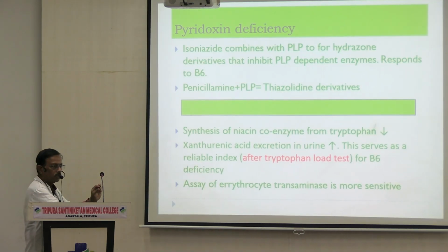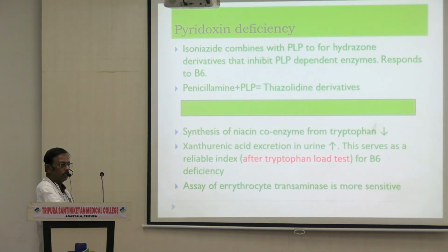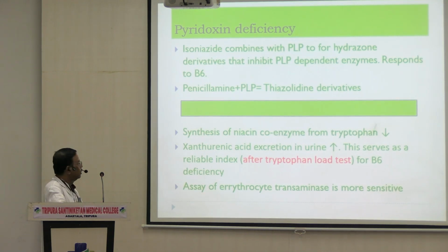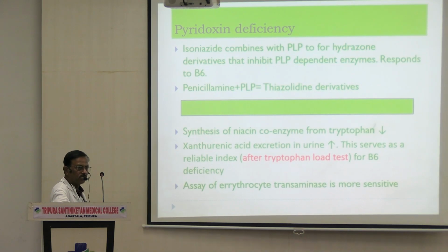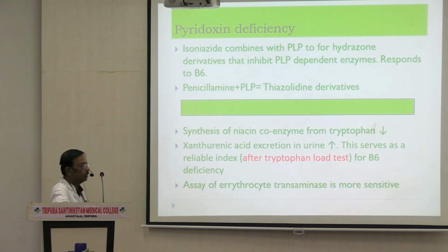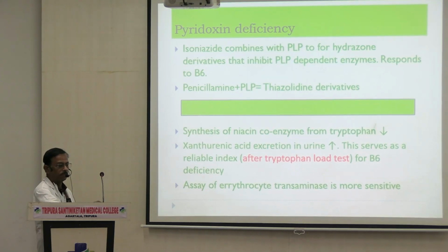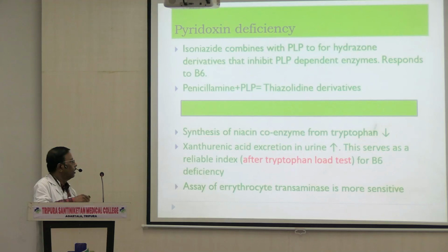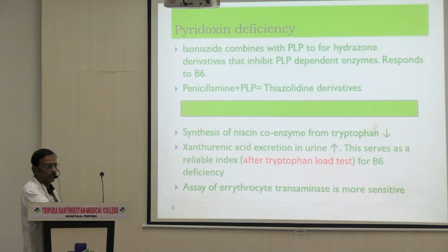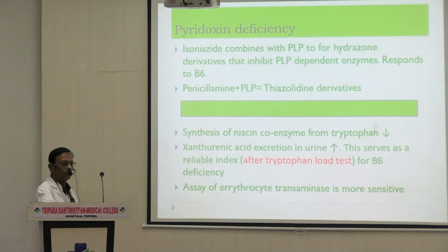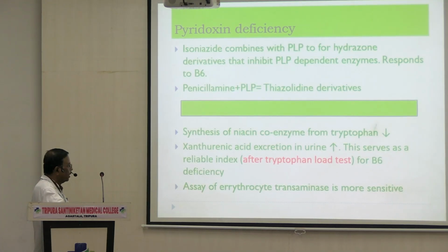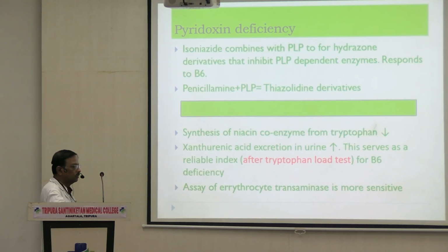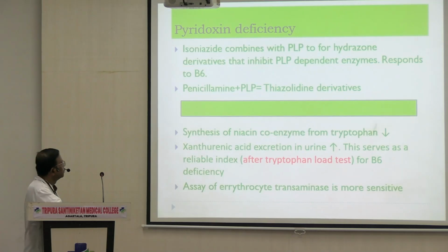The amino acid tryptophan is given in a good quantity, and in his urine we see whether xanthurenic acid excretion is increased or not. In case of PLP deficiency, this will increase. If it doesn't increase, it means there is no PLP deficiency. Then assay of erythrocyte transaminase is a more sensitive test nowadays.